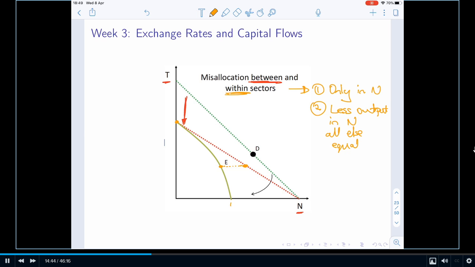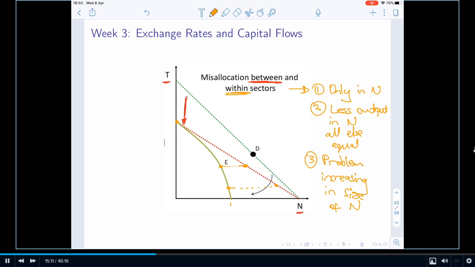And then point number three is that as you try to produce more in the N sector, this loss of output due to within sector misallocation is increasing in size of N. Okay, so that's how you want to interpret this diagram.